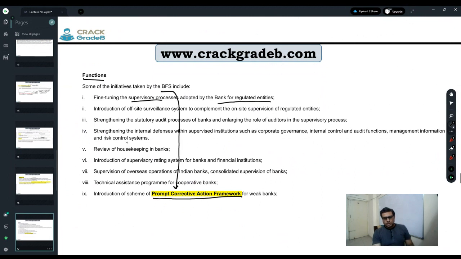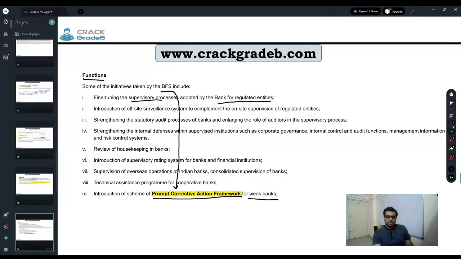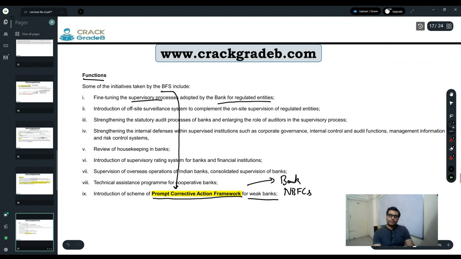So introduce scheme for the prompt corrective action. So what is prompt corrective action? You have seen that in the last 6 months, first for banks, now for NBFCs, RBI came with the new guidelines and the prompt corrective action.